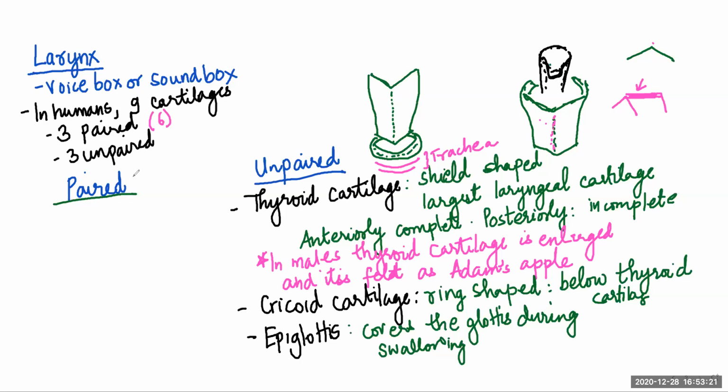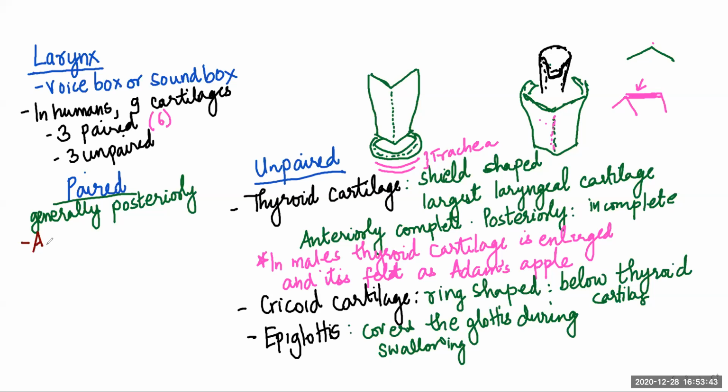Now the paired cartilages which are there, they are generally observed posteriorly. ओके तो जितने भी पेड कार्टिलेजेस हैं वो पोस्टीरियरली ज़्यादा दिखते हैं. ओके, फॉर एग्जाम्पल we have, in fact there are three cartilages.